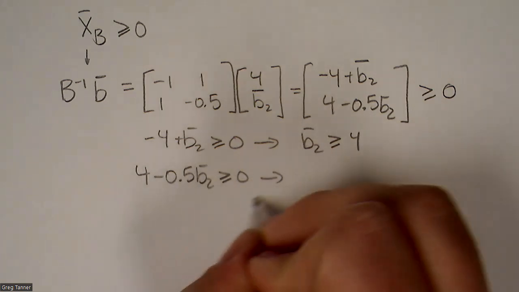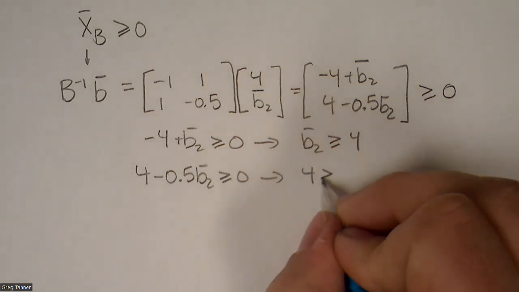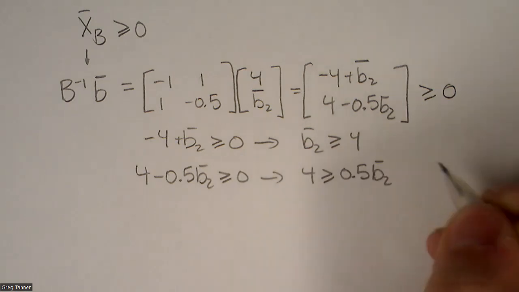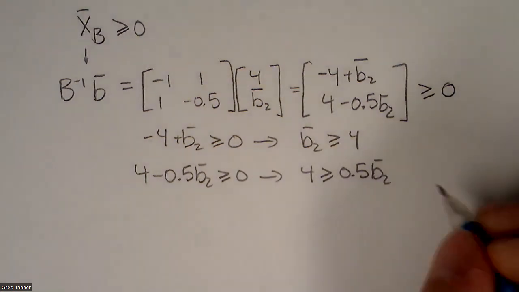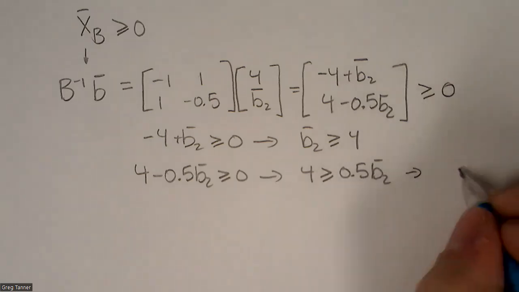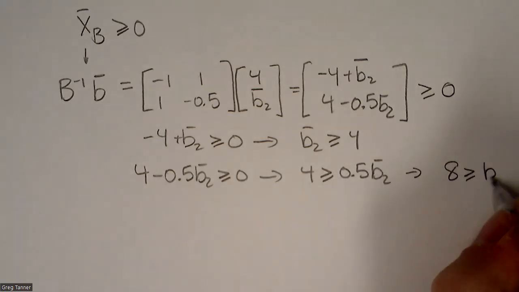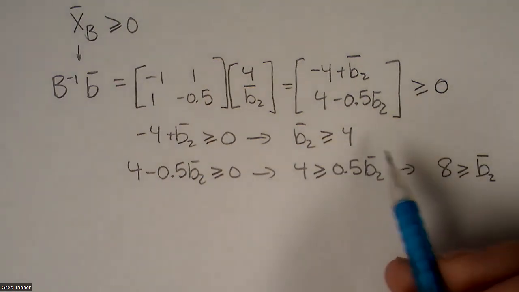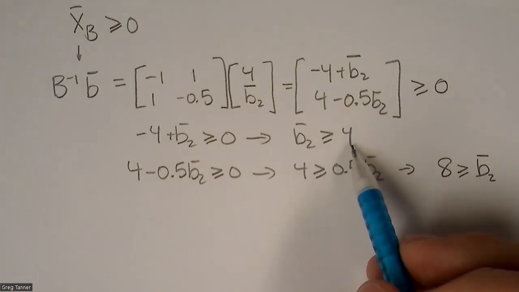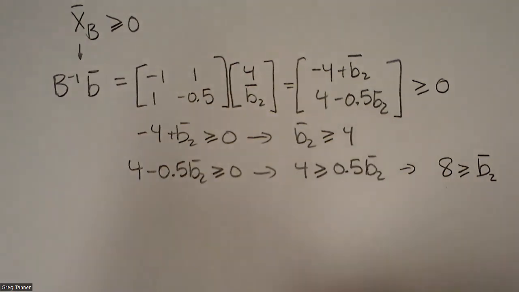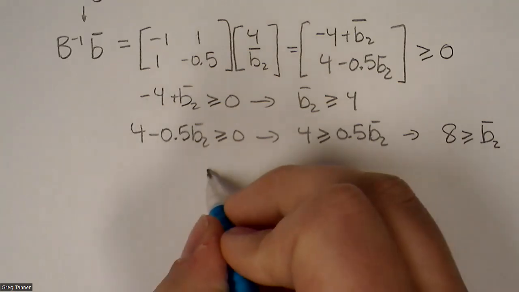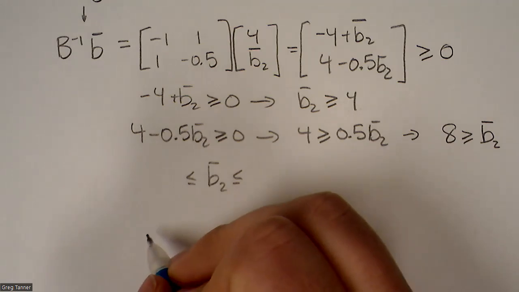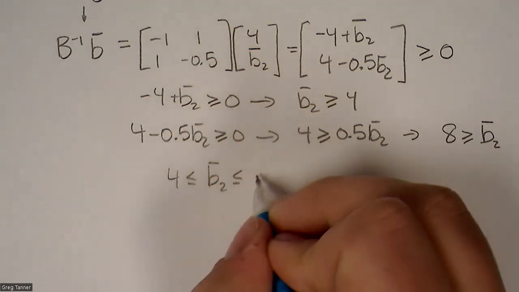If we add this term to the other side, that gives us 4 is greater than or equal to half B2 bar. Then we multiply both sides by 2, and that gives us 8 is greater than or equal to B2 bar. One of these is a lower bound, so the lower bound is 4, the upper bound is 8, and so our range of allowable values for that right-hand side that will maintain the current basis will be values between 4 and 8.